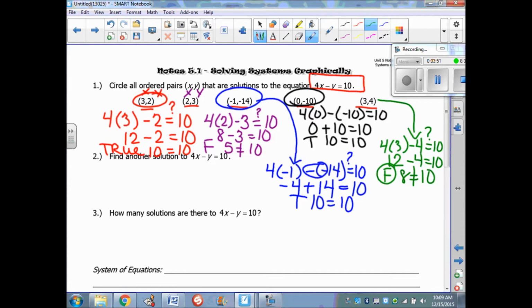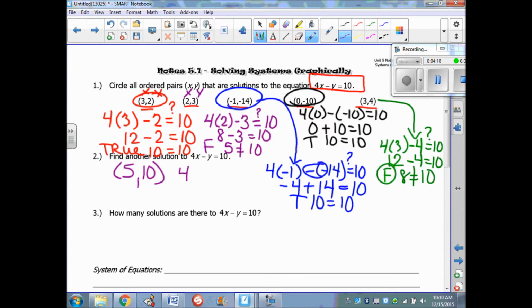So right here we see 3 solutions to 4x minus y equals 10. It says find another solution to 4x minus y equals 10. I don't know, let's try something. I'm going to try (5, 10), because 4 times some value of x minus some value of y has got to equal 10.